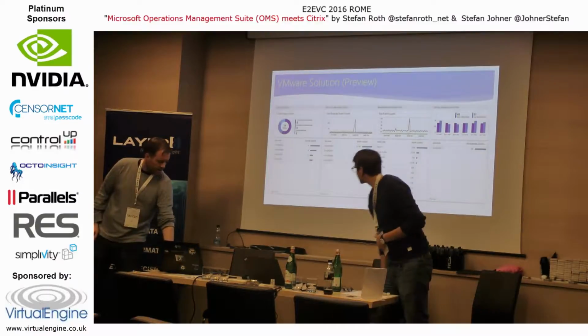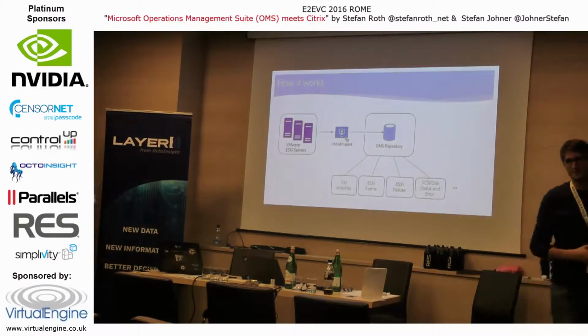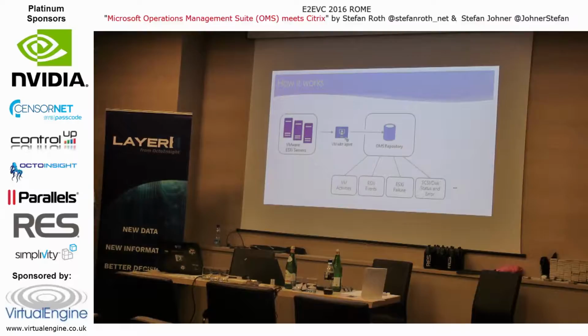Since you are unable to install your OMS agents on the ESXi hosts, they leveraged syslog forwarding to forward all the syslogs from ESXi hosts to a syslog server. This can be a Linux VM, for example, which just collects all the syslogs from your ESXi hosts. But it can be a Windows server as well.